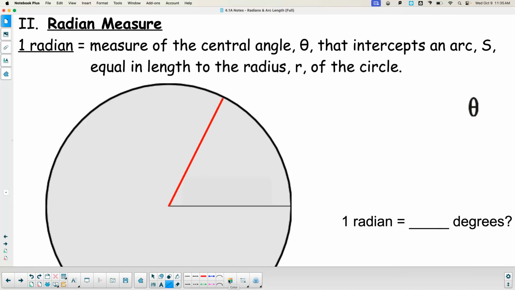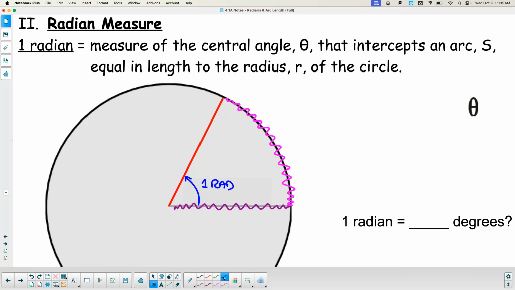Okay? So this distance here, purple, is equal to pink, provided that this is 1 radian.